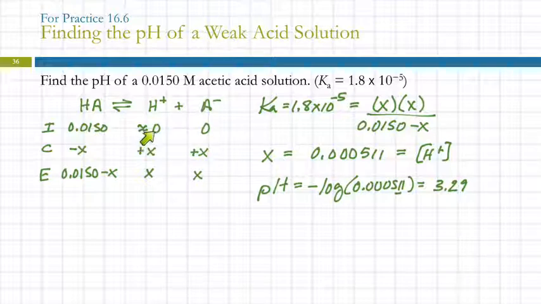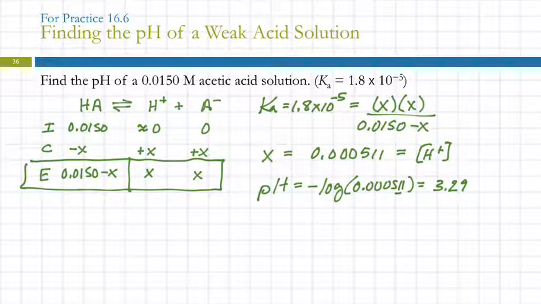If this wasn't 0, though, our hydrogen ion concentration would be something minus X. So we solve X, and then what X is comes from this line right here. Right? So X is the equilibrium concentration of hydrogen ion. It's the equilibrium concentration of A minus. And if we want the equilibrium concentration of HA, then we have to take 0.0150 and subtract X. Any questions?